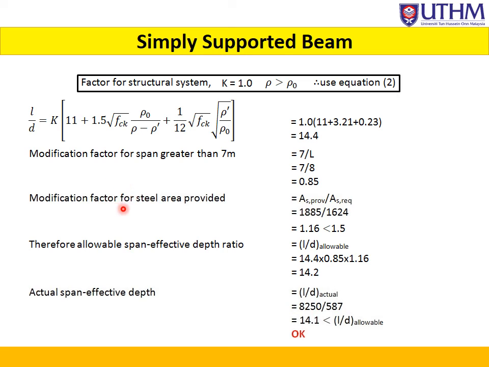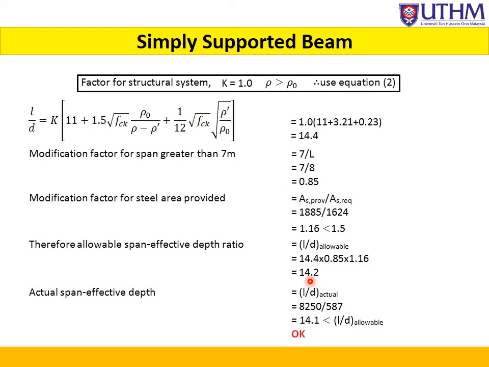Then modification factor for steel area reinforcement is AS provided divided by AS required, and this value should be less than 1.5. So we get our modification factor for steel area is 1.16. Therefore, our allowable span effective depth ratio is, this is our L over D basic, 14.4 times modification factor for span 0.85 and modification factor for steel area 1.16.